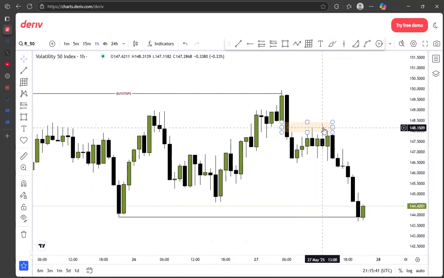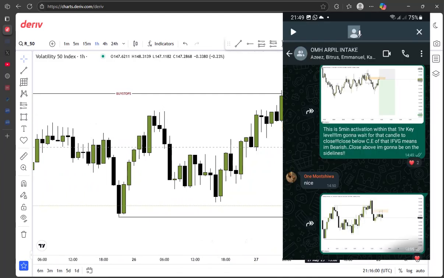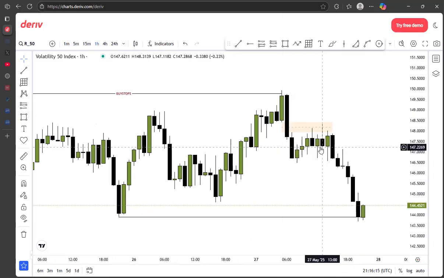On our 1 hour time frame here, we saw price not closing above 50% of our fair value gap. On the right side of your screen is an attached screenshot of this Volatility 50 before it unfolded, and I did discuss this with my students, as you can see.